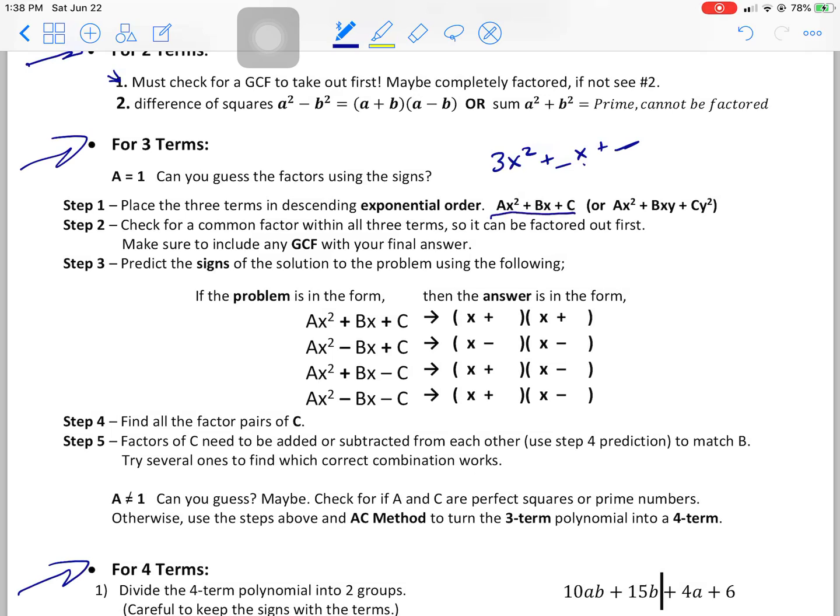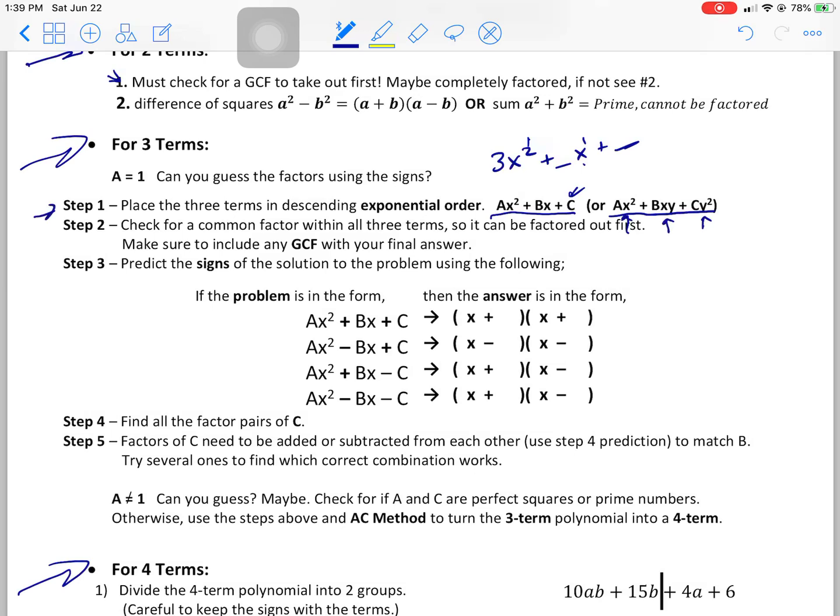That's the general form right there. You're going to make sure it's in proper descending exponential order. Make sure the x squared is first, then x with a 1, and then the constant term on the end, okay? If there happens to be 2 different variables, this is what it's going to look like. It's going to have the squares on each end and the mixed one in the middle.